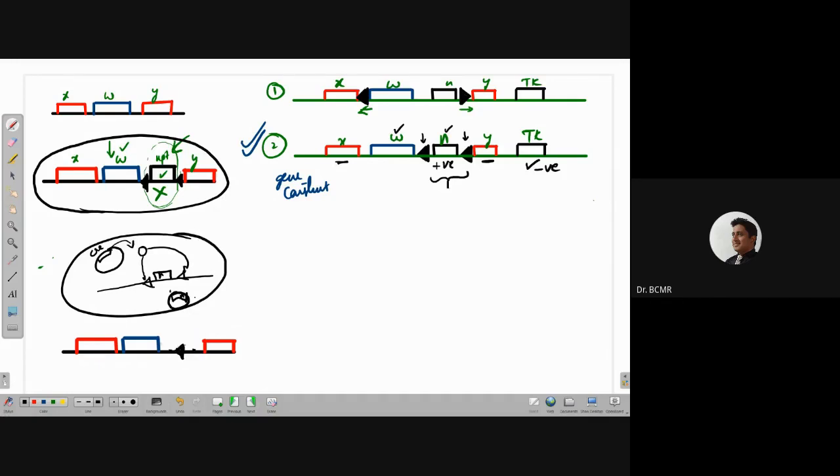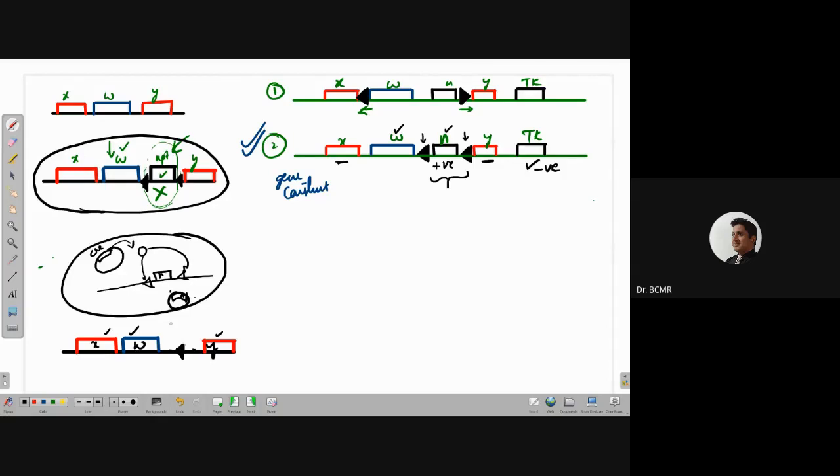That is the least bargain one can have. There is a footprint of one of the recombination sites left there. But otherwise, you have X, you have Y, and there is W. We have fulfilled the objective of inserting W between X and Y, and it is not integrated anywhere else.